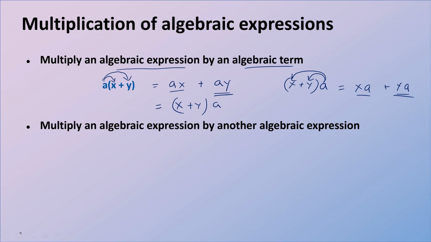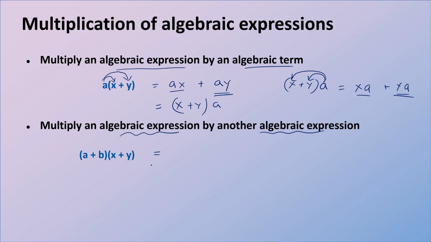Now let's look at how to multiply an algebraic expression by another algebraic expression. For that, I have chosen A plus B times x plus y. A plus B is the amount that mother and father give to one kid, and x plus y, the number of kids.